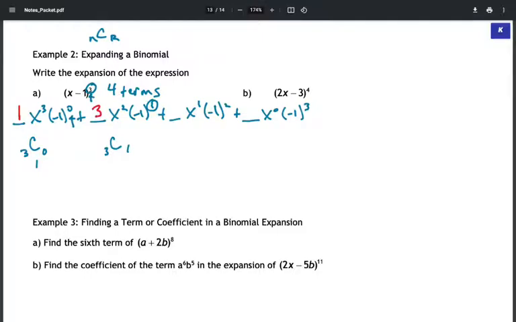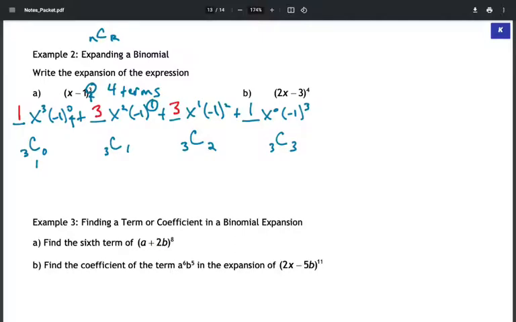And then you're going to type in C with a 3 here and a 2 here. And you get 3 again. And then on this last one you'll have C and then 3 and 3. And so this will be a 1 here. And then you can simplify that.